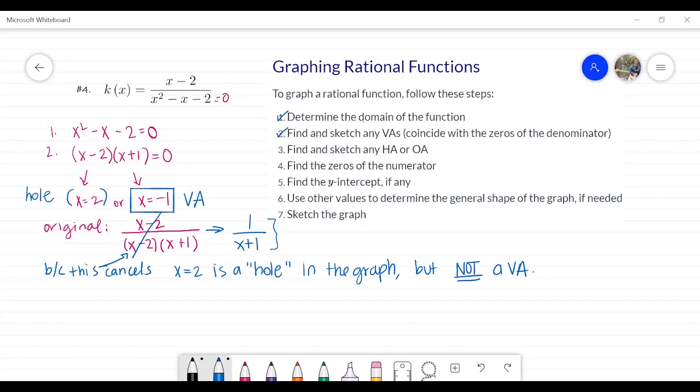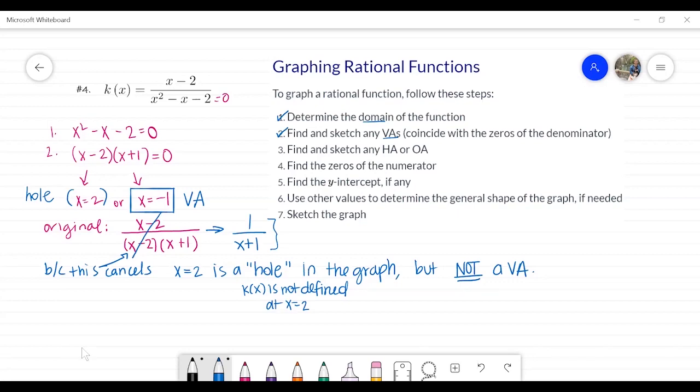However, this is where domain and vertical asymptotes would disagree with each other. If this is a hole, that means the function k of x is not defined at x equal to 2, because there's a hole there.